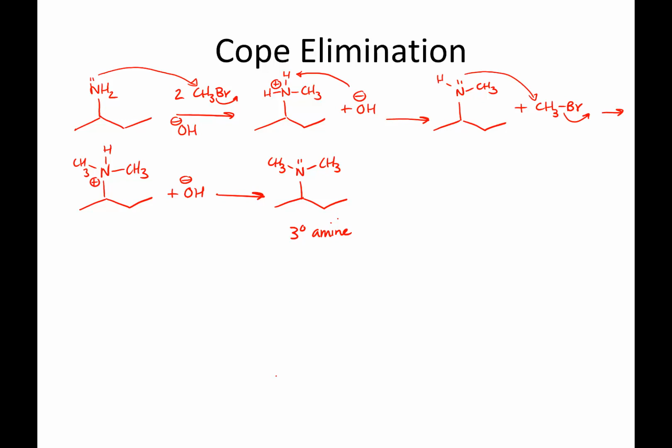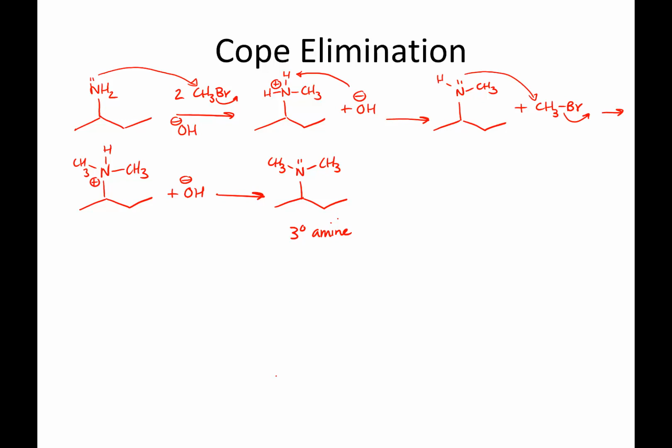Now, before I made the ammonium salt, that's not how Cope works. Cope only allows us, we have to form a tertiary amine, which means we don't alkylate it the third time. So I'm just going to stay here.